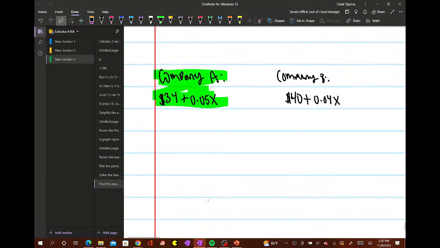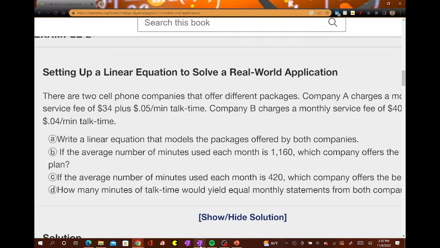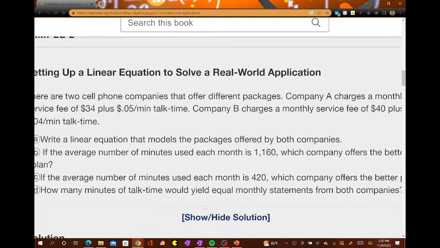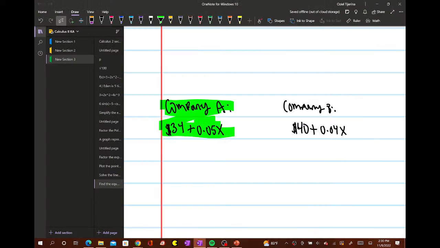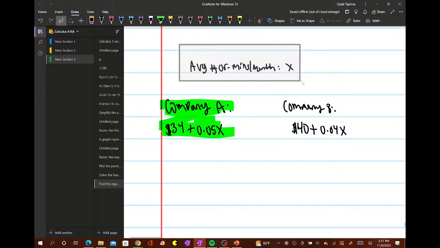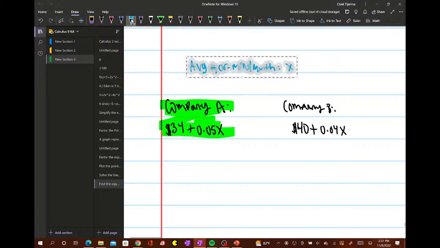So we know the average number of minutes per month is 1,160, meaning that x, the average number of minutes per month, is x, right?